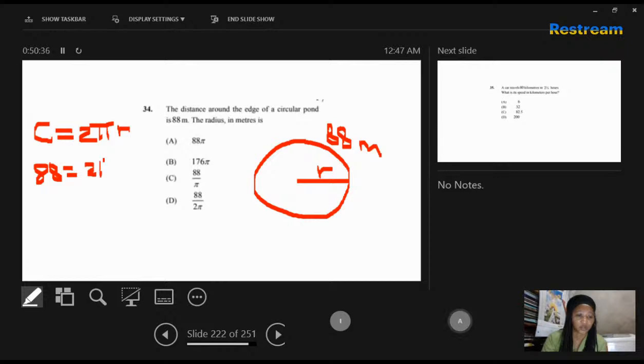So the radius is 88 divided by 2 pi. Which letter? Letter D. Okay.